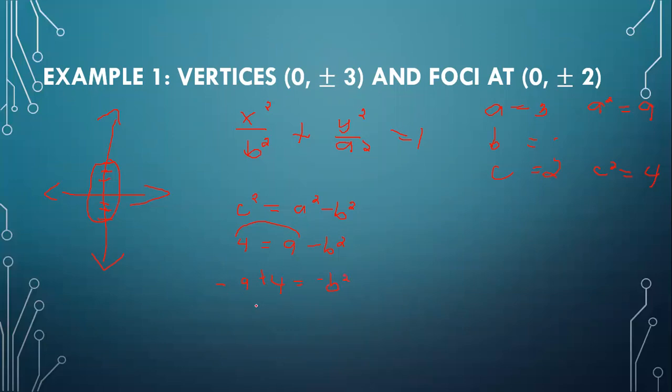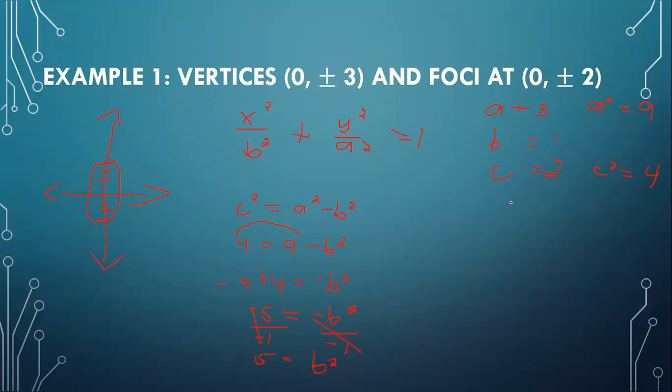Negative 9 plus 4 is negative 5, equal to negative B squared. Divide both sides by negative 1. So B squared is 5.